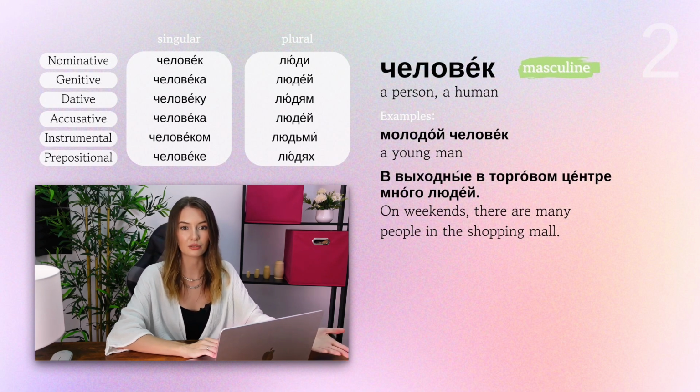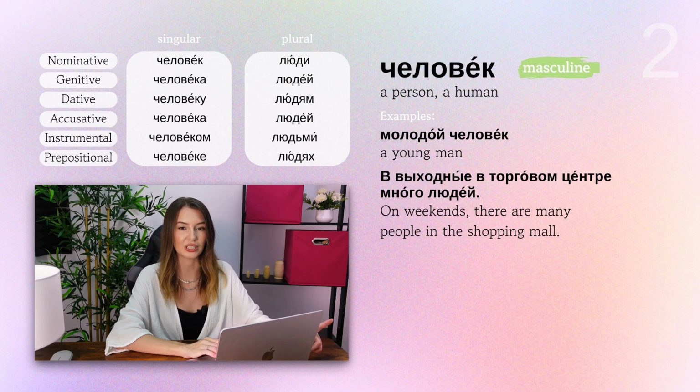We use this phrase to address a young man in Russian because you remember we don't use titles in Russian like Mr. Remember the plural form. Люди. In the genitive case, люди becomes людей. We use this form after много and мало. For example, в выходные в торговом центре много людей.